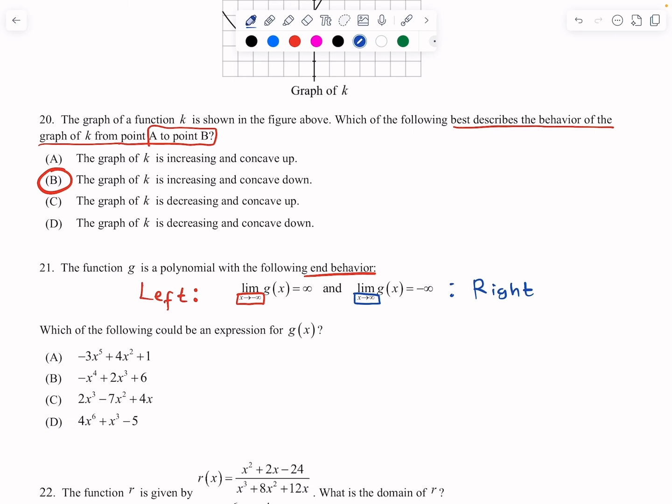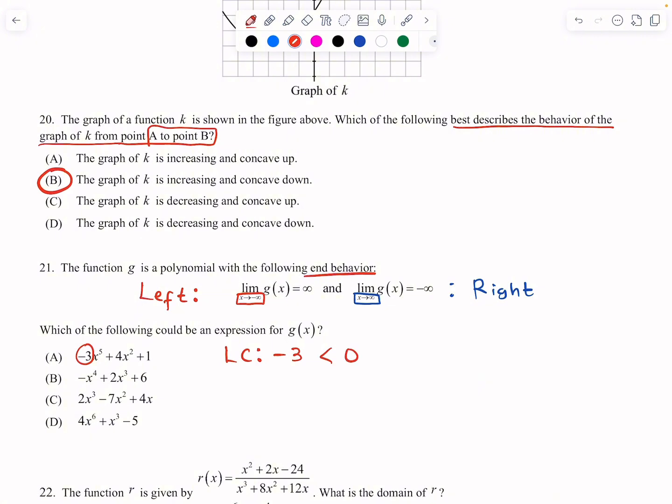So if I go to the answer choices, I will start from the right, starting from option A. I will look at the leading coefficient. So the leading coefficient for this one is what? -3. I will write it down as LC. Leading coefficient is -3. You notice that that one is less than 0.